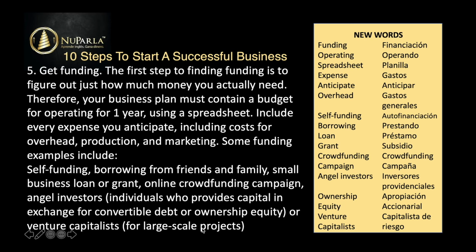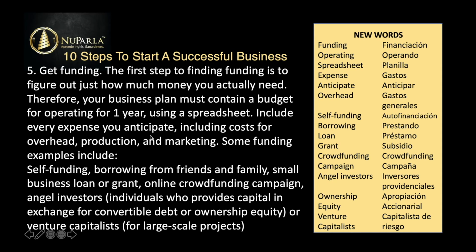Okay, so get funding, obtén financiamiento. We need to find out how much money you actually need. Hay que saber cuánto dinero primero tú necesitas para poder levantar este negocio tuyo. Therefore, the business plan has to have the budget for at least 1 year. Hay que tener aquí el presupuesto operativo de por lo menos un año entero utilizando spreadsheets, unas planillas como en Excel spreadsheet, por ejemplo.